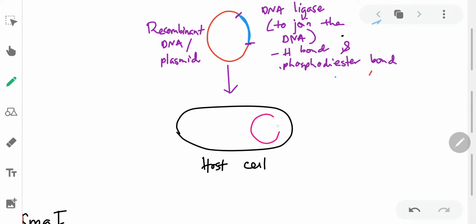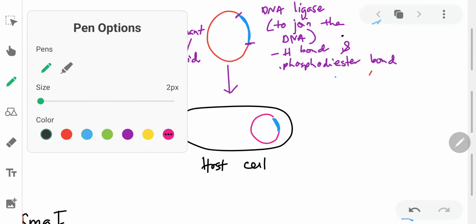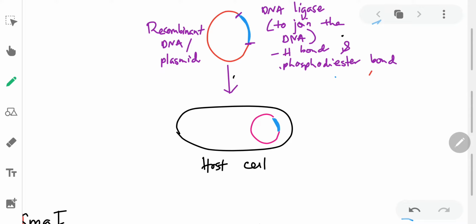So, how does this recombinant DNA enter the host cell? It will enter through a process called transformation.